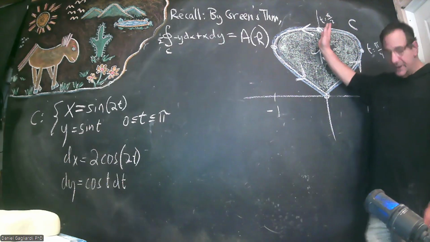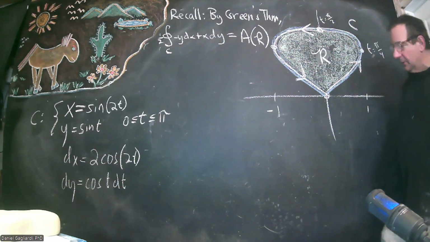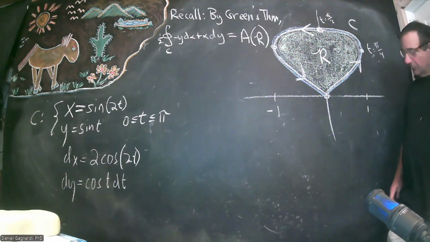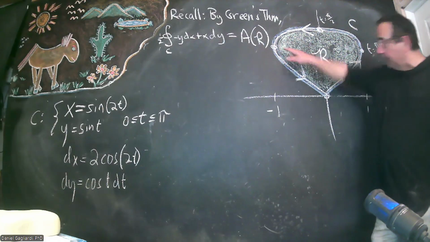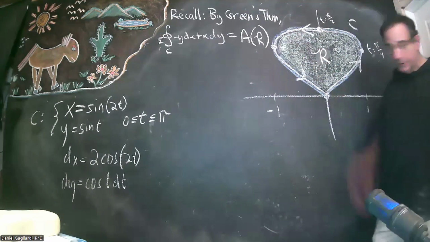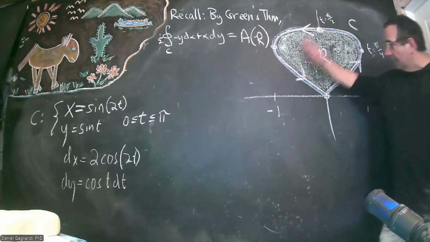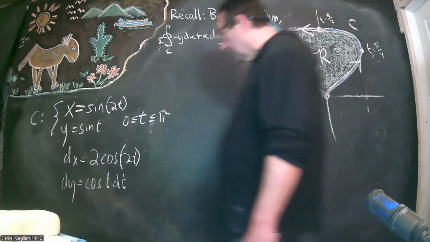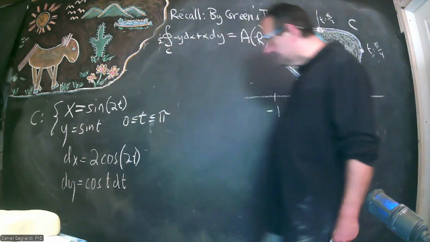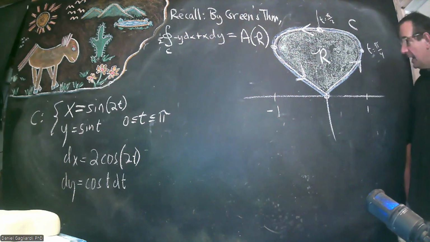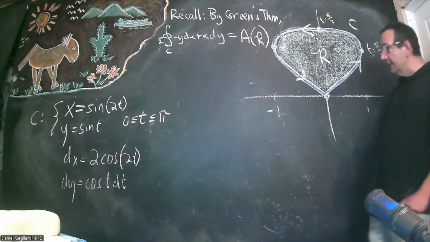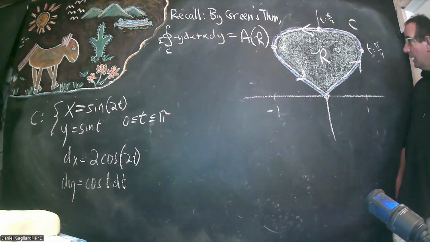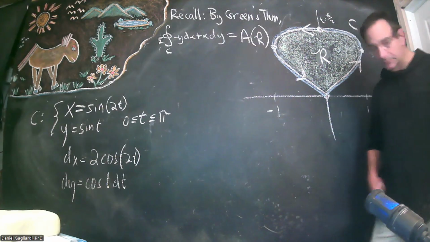Now, as t passes pi over 2 and comes to 3 pi over 4, 135 degrees, well, the sine is the same in quadrant 2 as it is in quadrant 1. So 2 times 3 pi over 4 is equal to, well, wait a second.